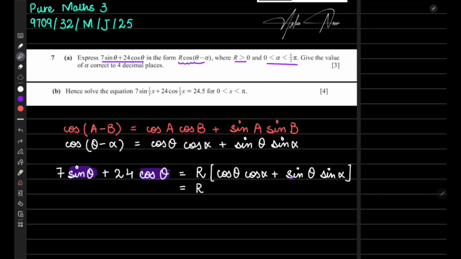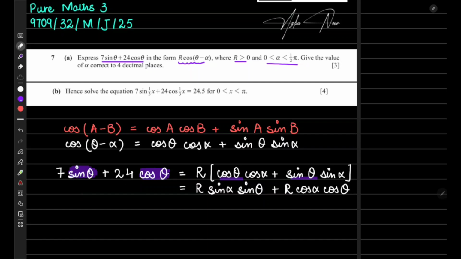First term I am writing sin theta and then cos theta. So it will give you r sin alpha sin theta plus r cos alpha cos theta. I just rewrite this equation after multiplying with r, but I have written it in the same format.